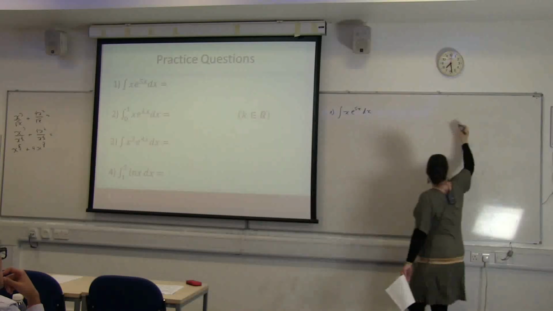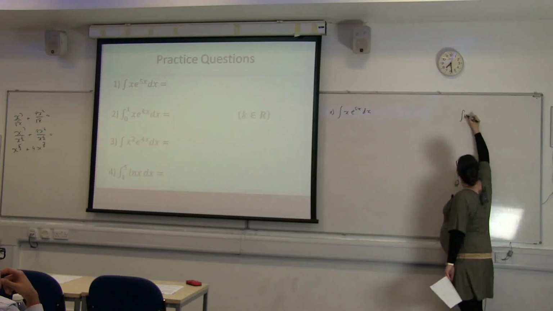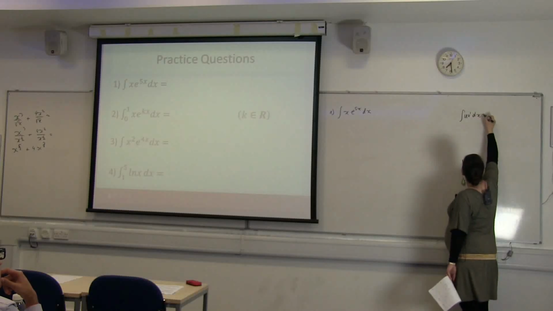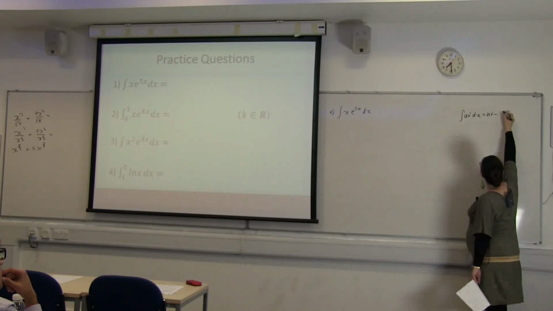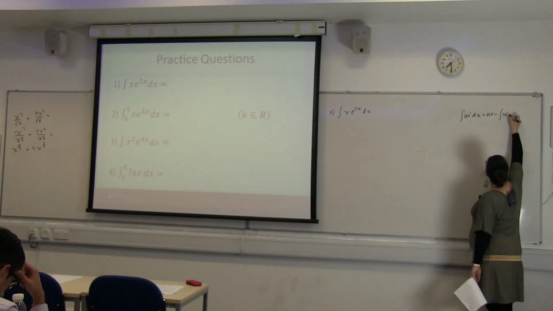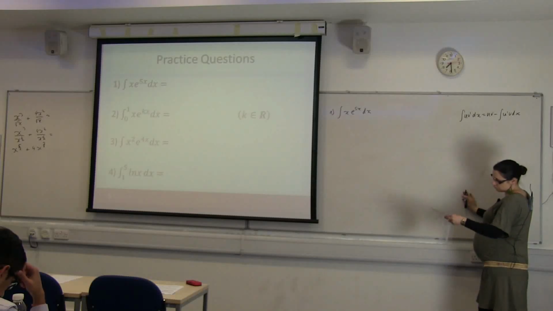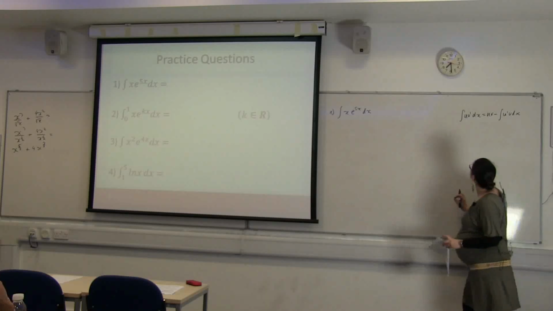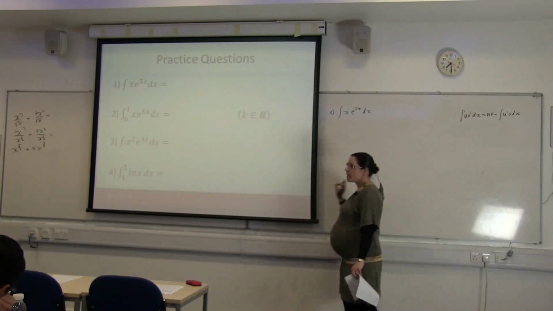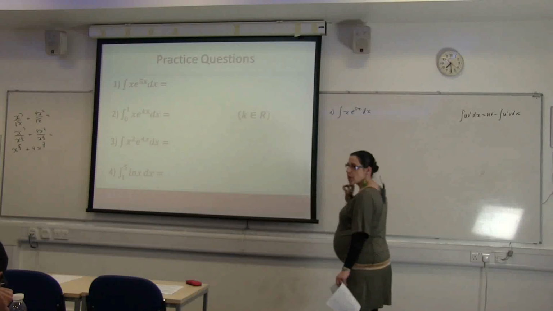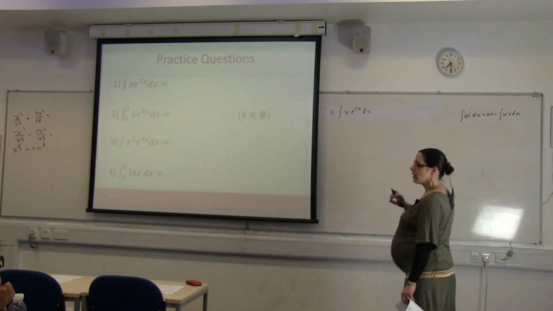I'm just going to write the rule here. The next question is, what do I want to be u and what do I want to be v prime?